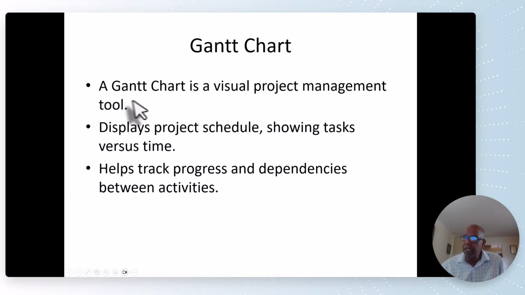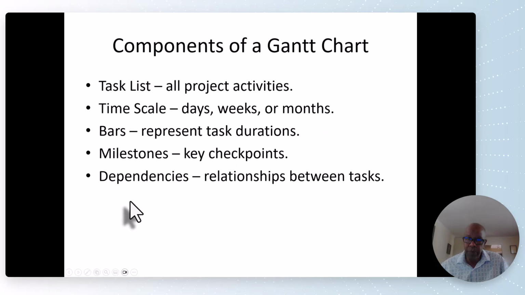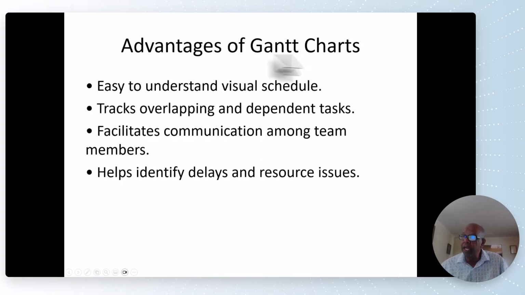Gantt charts: a visual project management tool that displays the project schedule and helps track progress. The advantages of Gantt charts: easy to understand, visible, tracks overlapping and independent tasks, facilitates communication among team members, and helps identify delays and resource issues.